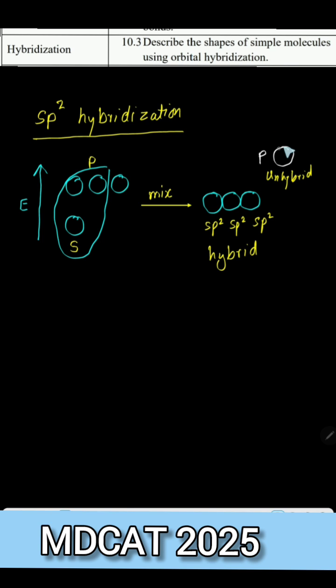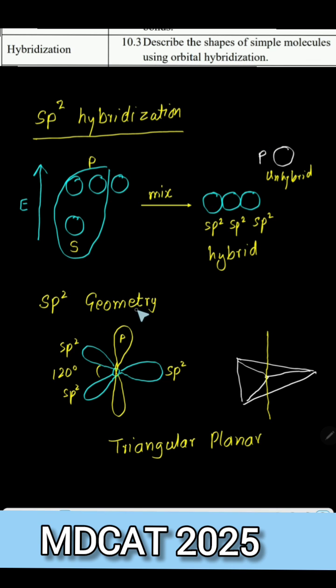This unhybrid orbital has its own energy, size, and shape, while the energy, size, and shape of the hybrid orbitals are the same. sp2 orbitals give us triangular planar geometry, in which the hybrid orbitals are in one plane, having an angle of 120 degrees between them, while the unhybrid p orbital remains perpendicular to the plane of the triangle.